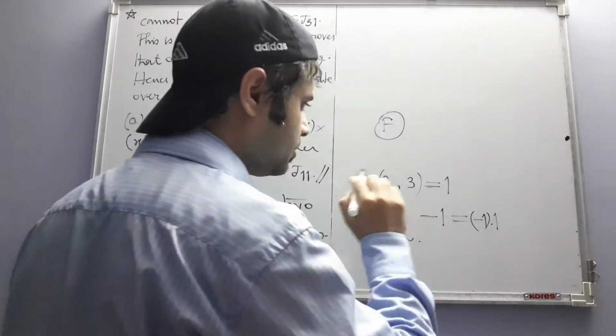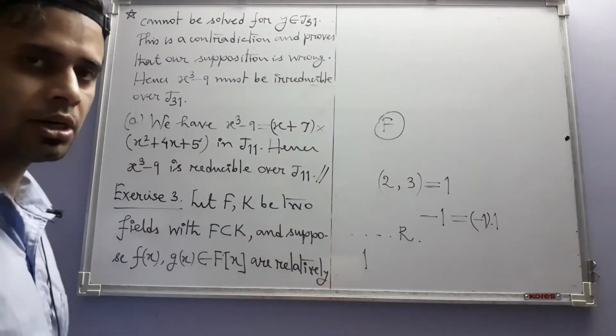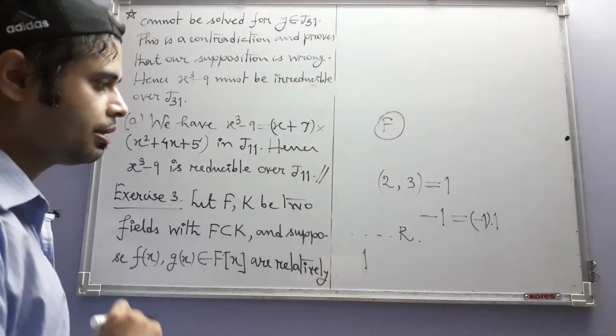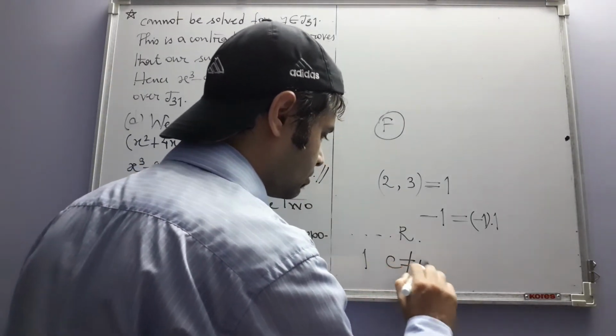So, GCD of two polynomials being equal to 1 is equivalent to their GCD being equal to any non-zero field element.